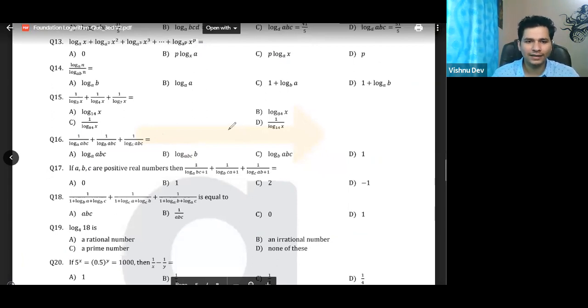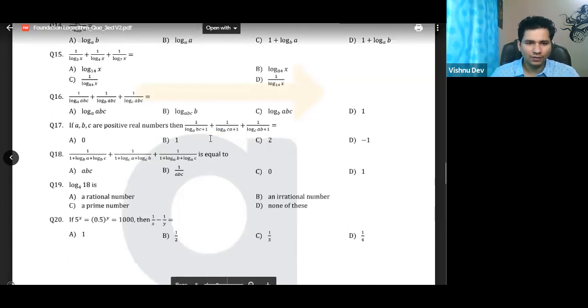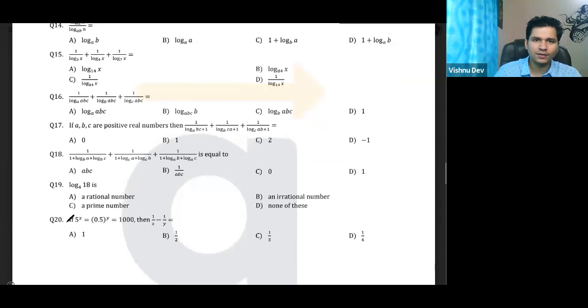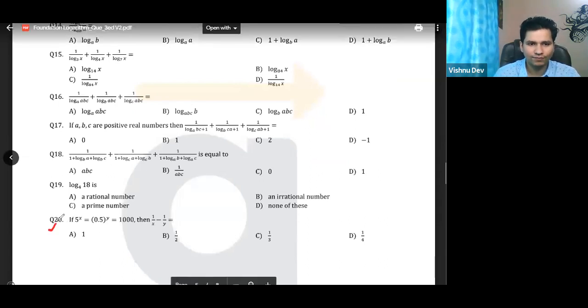Now, last question of today's class. Question number 20. Very good problem, solve it. Very good means it is actually easy. It looks easy, but in calculation it might be confusing. So everyone try this.